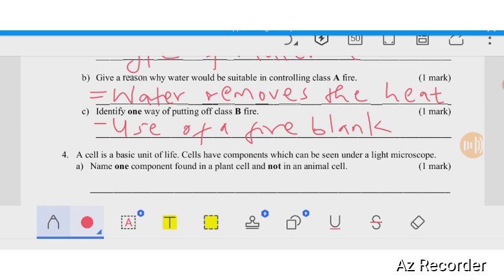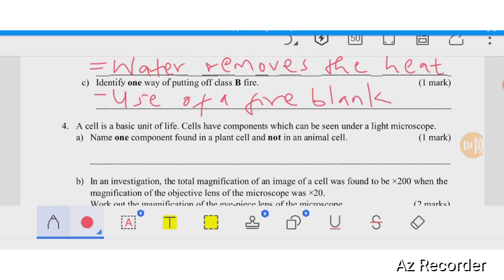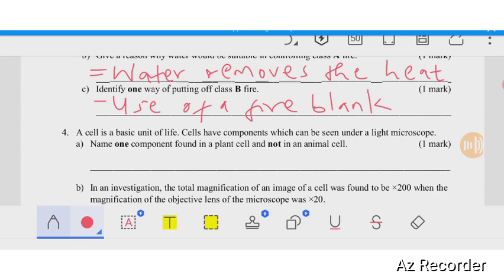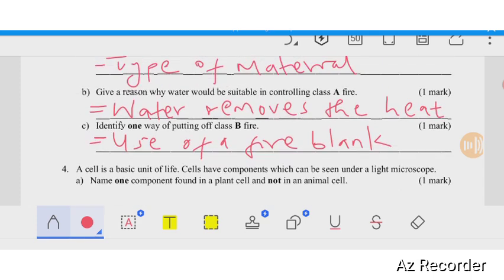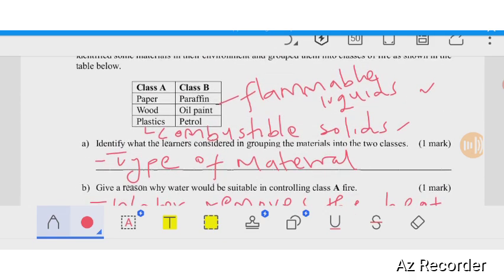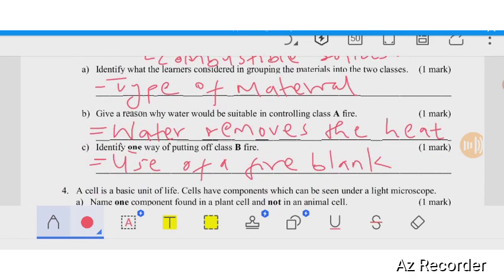You can also use a fire extinguisher, and in this case you can use a powder fire extinguisher or a carbon dioxide fire extinguisher. You can use sand to remove fuel, among many more other methods. Here, they're asking for one, but you should never restrict yourself to one. There are more other methods that can put out class B fire apart from the one I've just written.